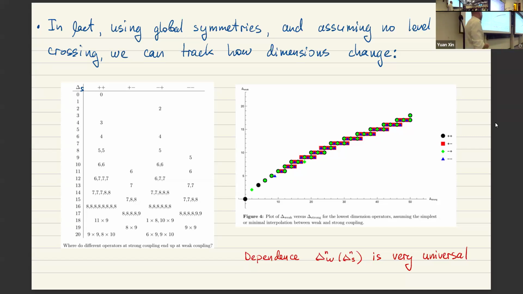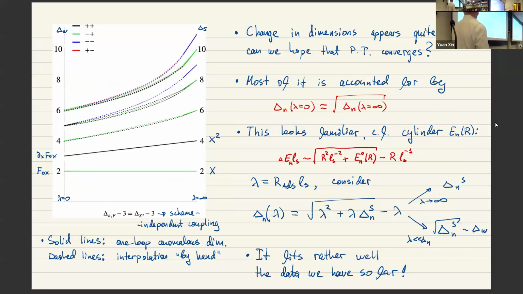The punchline is that, first of all, when you take an operator of delta weak, the function of delta strong almost doesn't depend on the other quantum numbers of the operator, and it's very well matched by the square root formula. So this is just another visualization of the same data. Here I have fewer operators, but I start at weak coupling, and the solid lines are already computed to 3-loop anomalous dimension, and the dashed lines are not Padé or whatever, just by-hand interpolation.